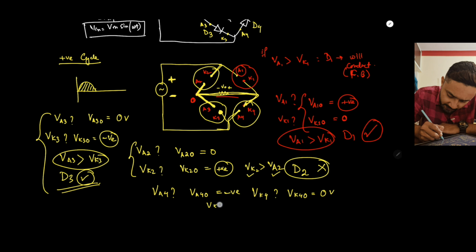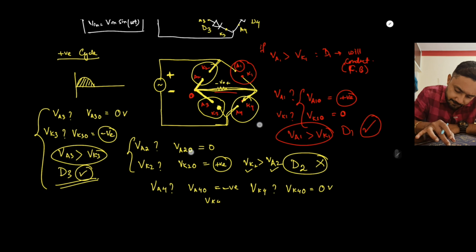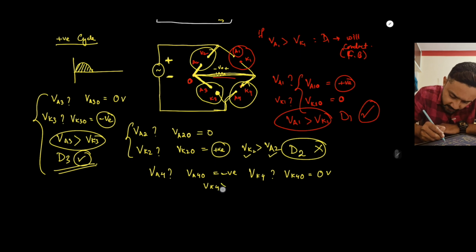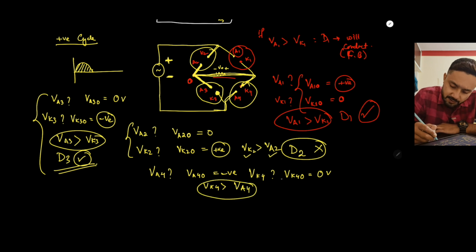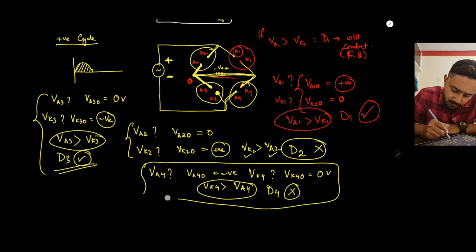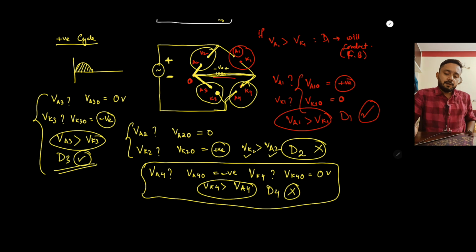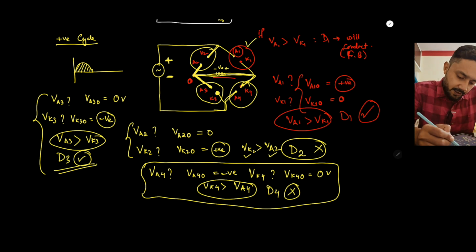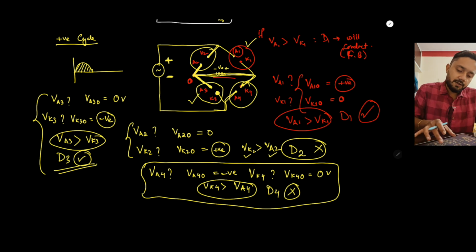So here the cathode potential is greater than the anode potential in this case. So diode D4 won't conduct. Okay. So basically during the positive cycle D1 and D3 will conduct. Fine.